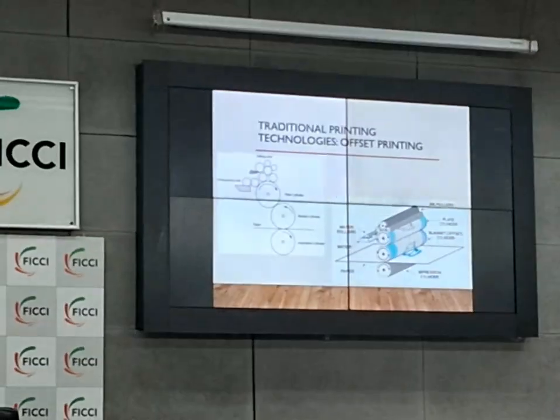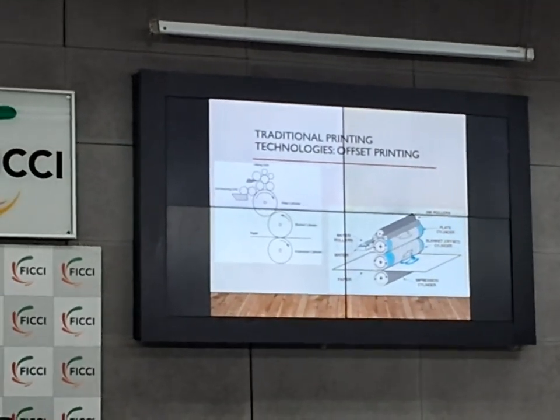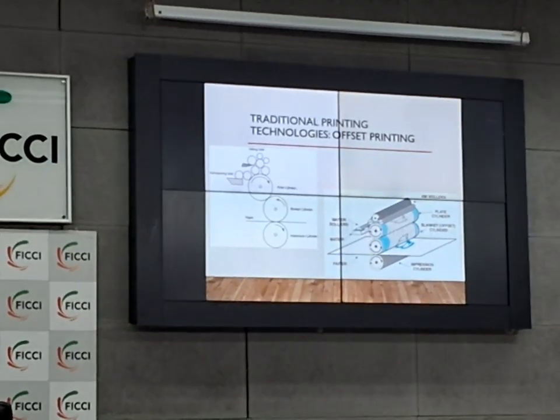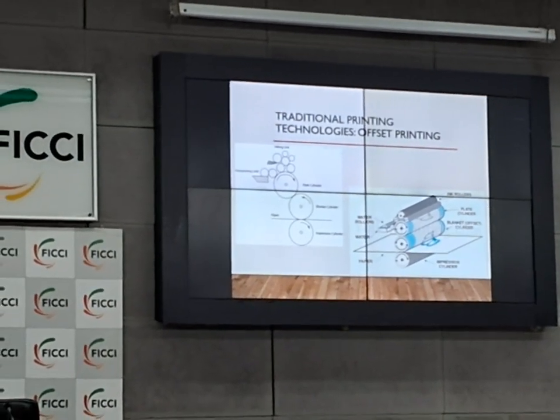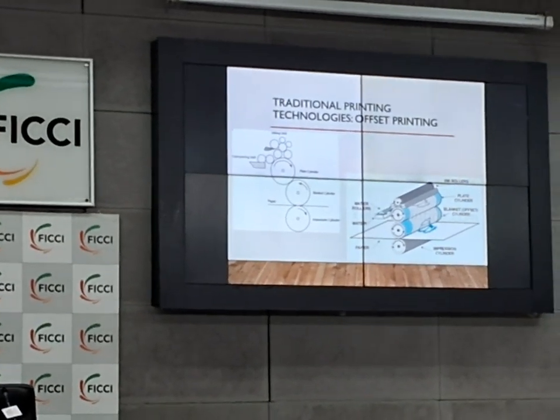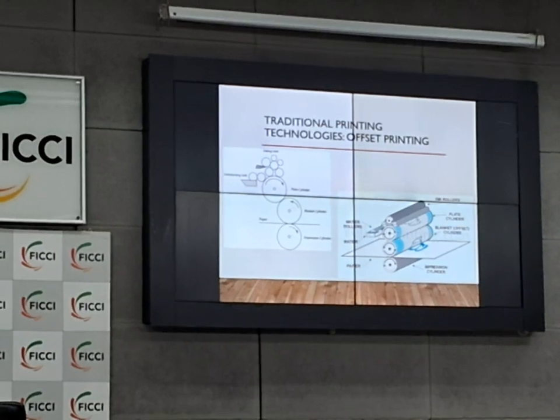After getting the ink impression from the plate cylinder, it is transferred to the blanket cylinder. Then the blanket cylinder transfers the image onto the substrate, which passes between the blanket and impression cylinders.